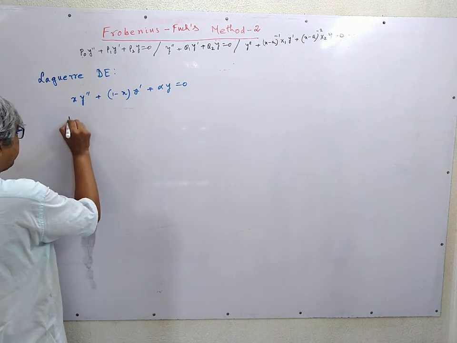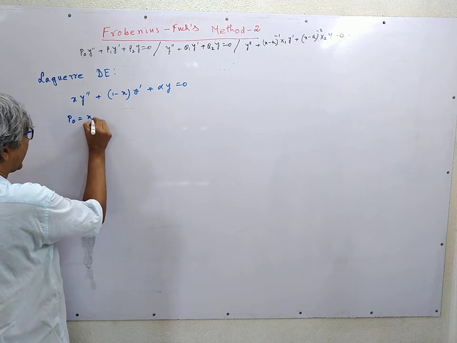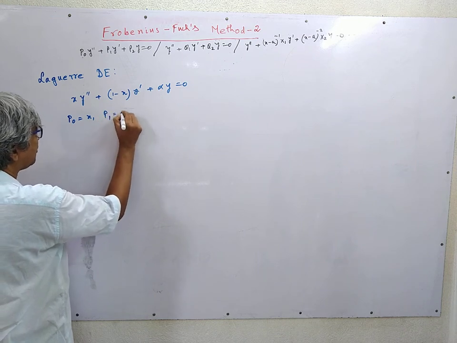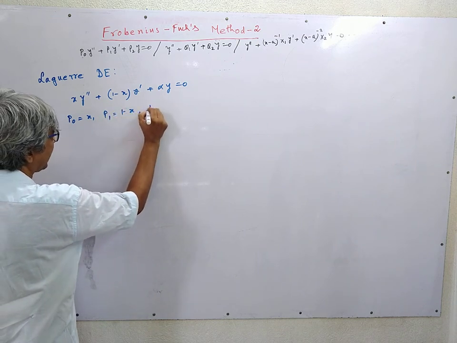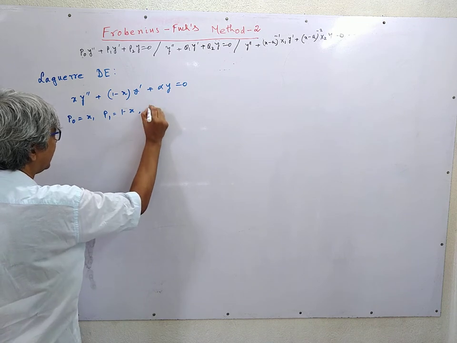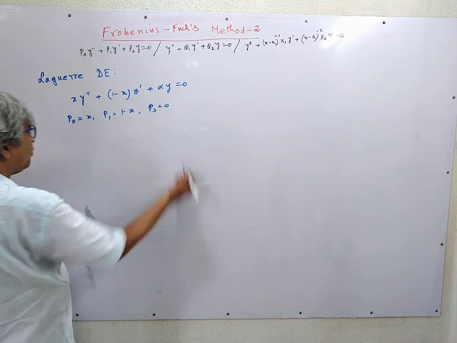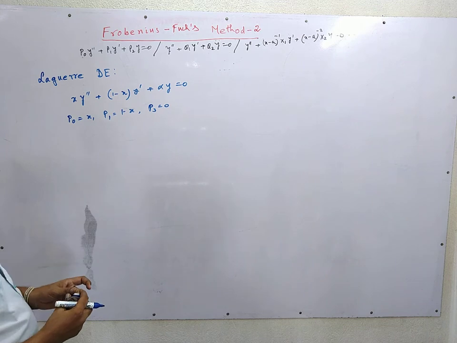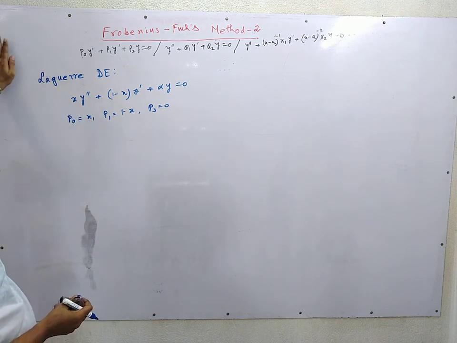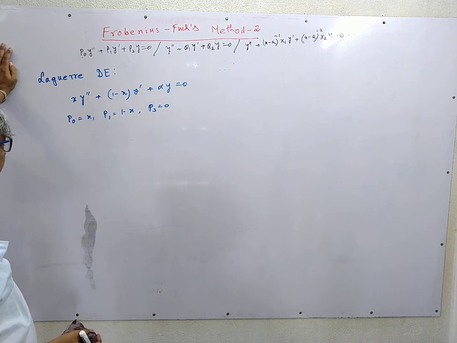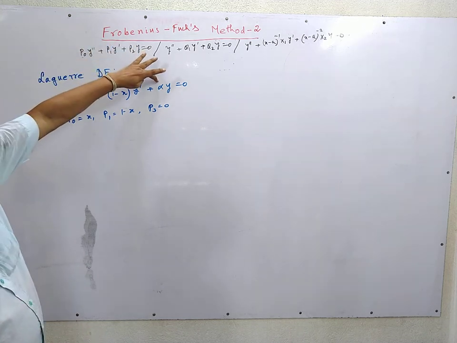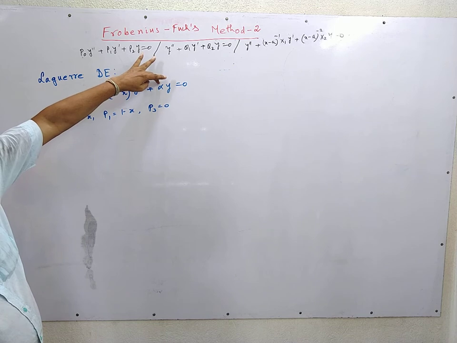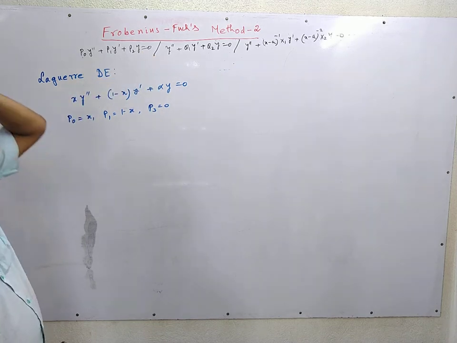Now here P0 is equal to x, P1 is equal to 1 minus x, and P2 is alpha. Again, we will see that when one puts the requirement that the Legendre differential equation has to be finite at x equal to infinity, one needs to change alpha to a non-positive integer n.